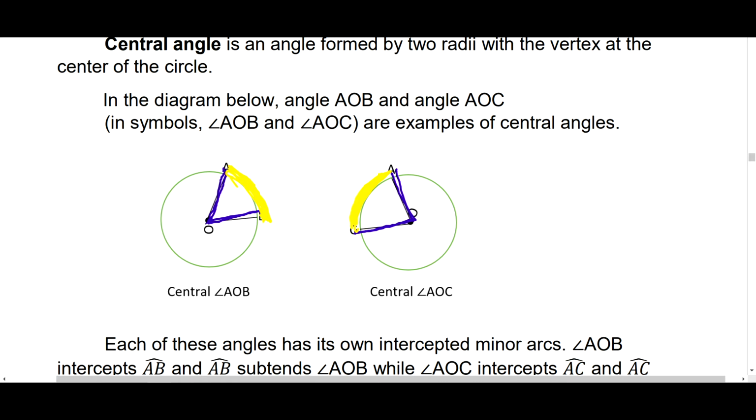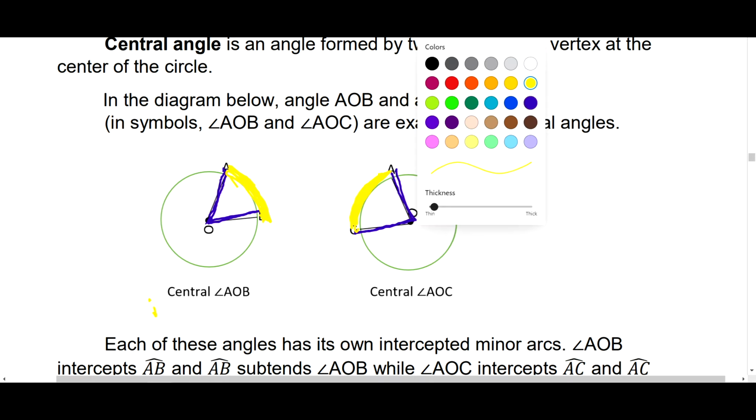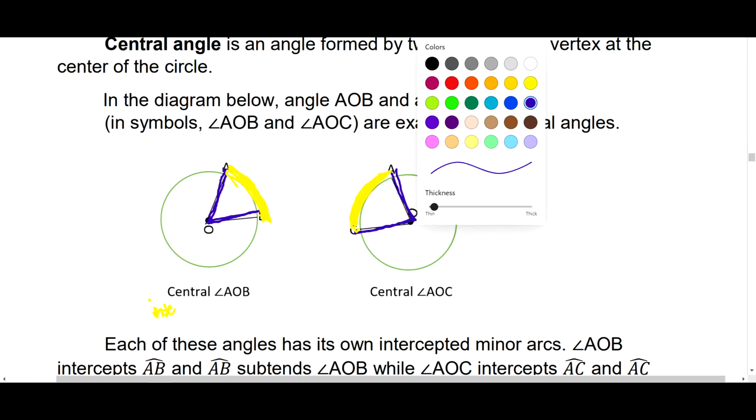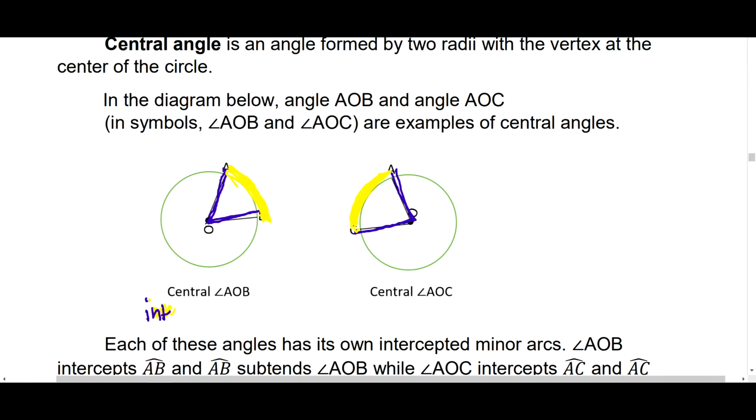So central angle AOB intercepts arc AB. Ayan, arc AB.